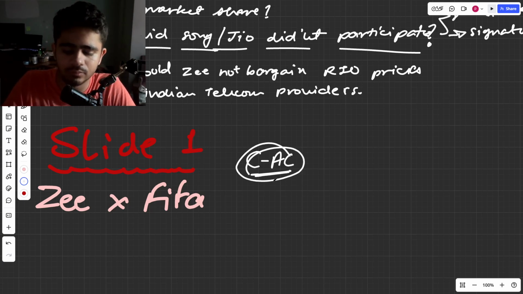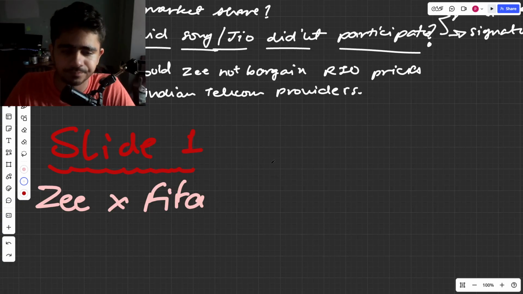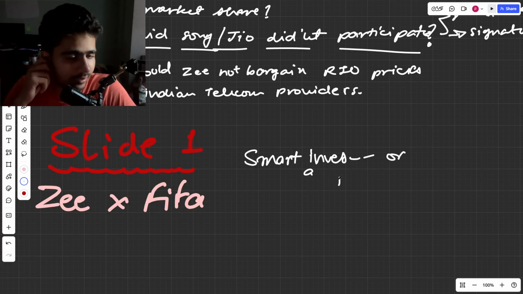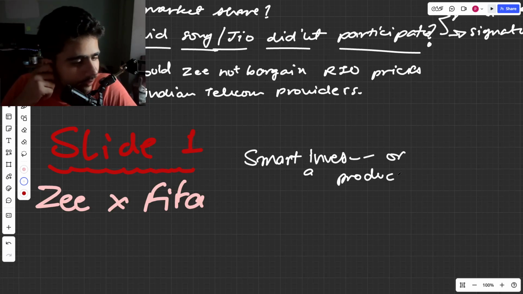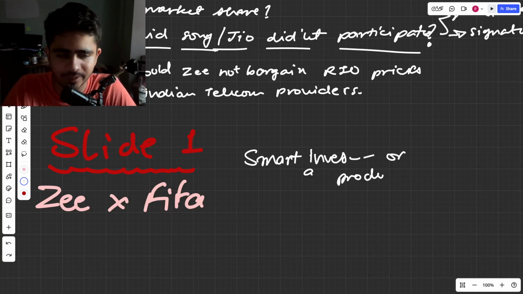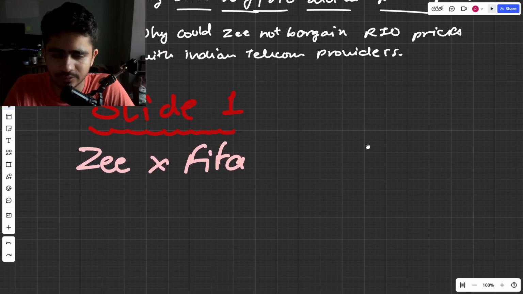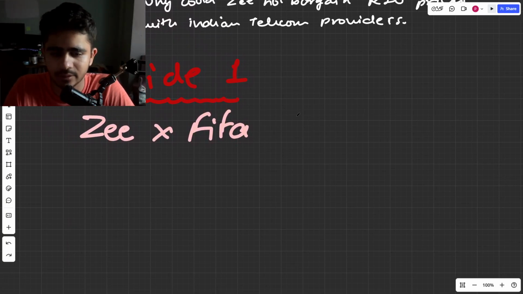I know it's a little too early to bring it in, but I want to leave them with a question like a smart investment or a product disaster. Something like a genius investment or a product disaster. This was obviously the heading, and then I can come with a question.